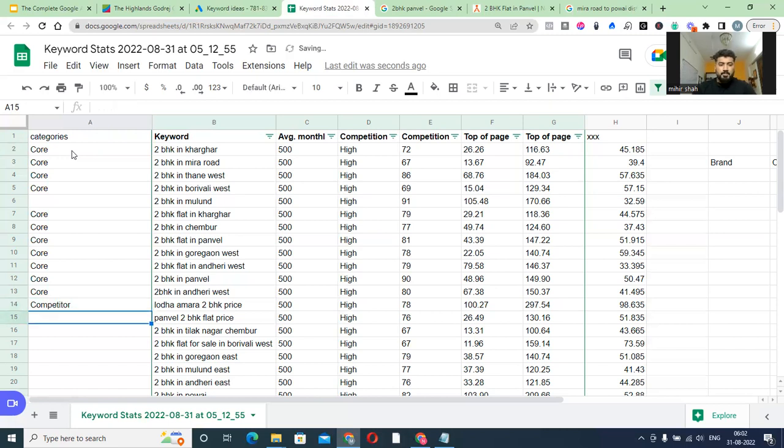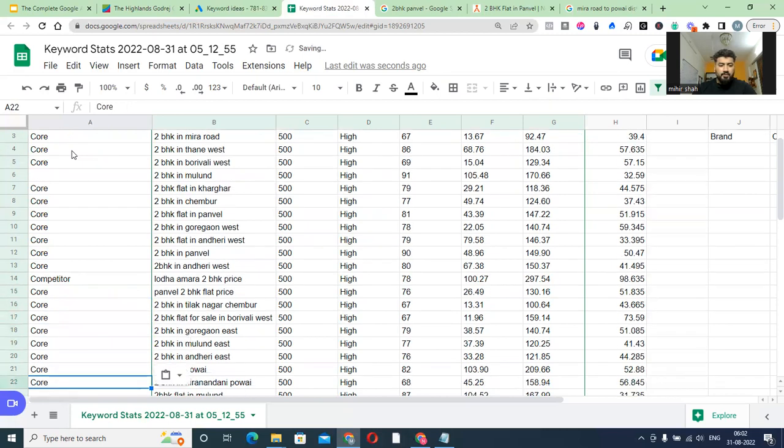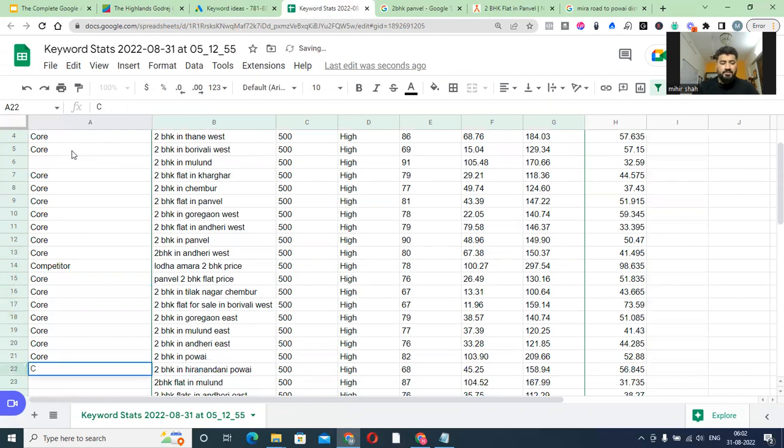Right? Panvel 2 BHK flat price. Again, it's just Panvel, so it's core. 2 BHK in Tilak Nagar, 2 BHK Goregaon, Mulund, Andheri. A lot of location-based searches here. Because we have Hiranandani, competitor. 2 BHK in Mulund, again core.